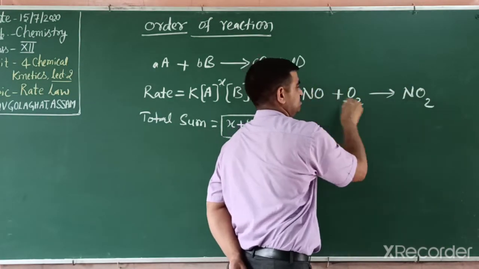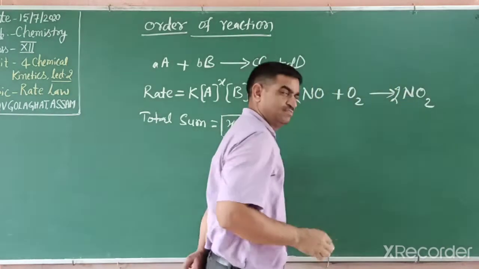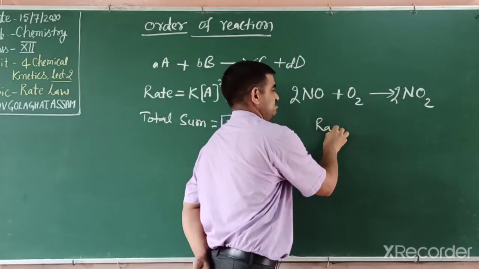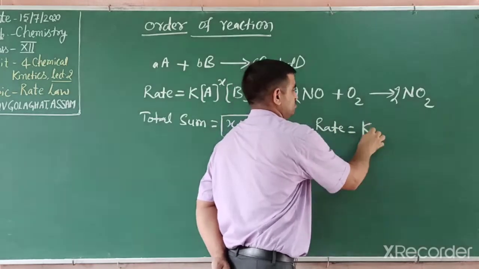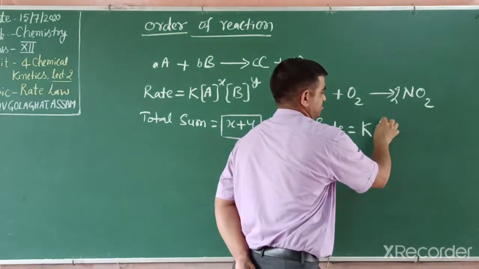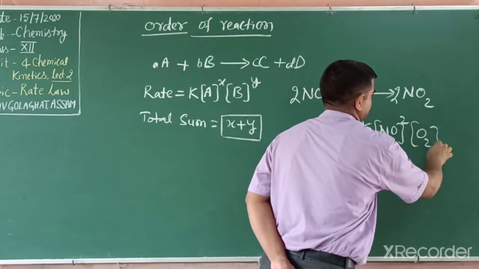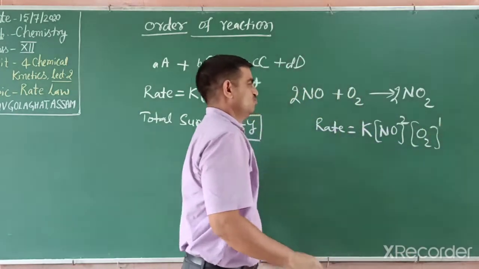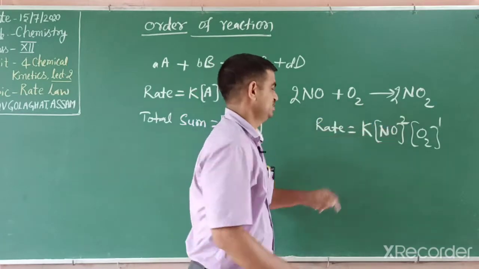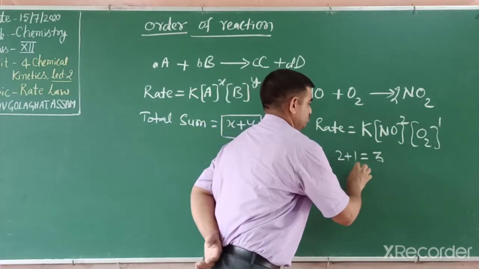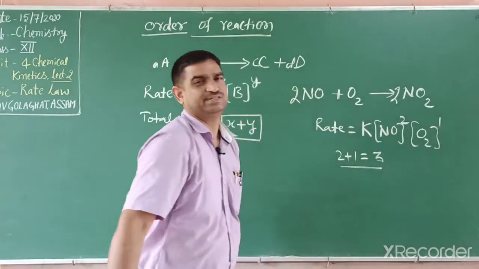In this reaction, the rate law is given in your book: rate is equal to K, concentration of nitric oxide power 2, oxygen power 1. So the overall order of reaction is 2 plus 1, which means 3. So this is a third order reaction.